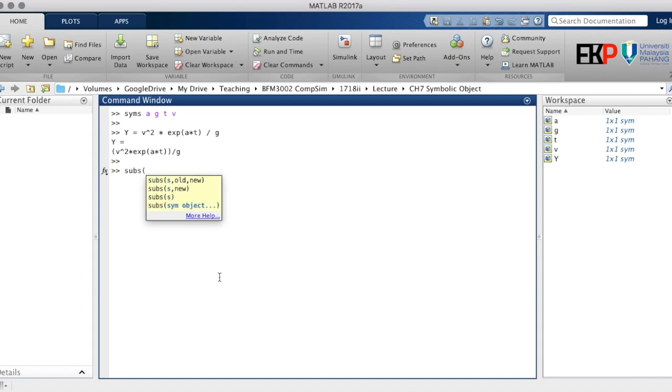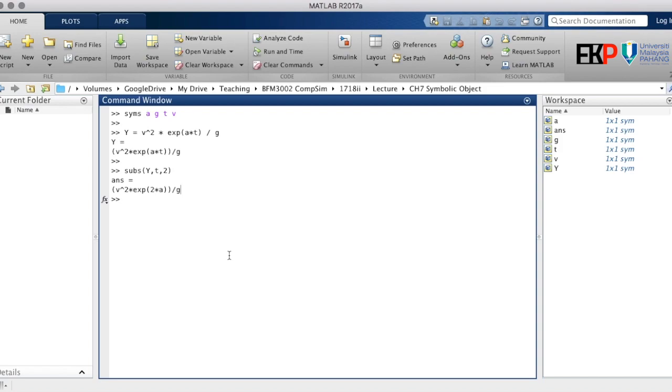The expression is y, comma, t, comma, 2. So we want to substitute the variable t in the expression y with a value of 2. When we press enter, we see now v squared times exponent of 2 times a instead of a times t. Now t has become 2, so it becomes 2 times a divided by g.